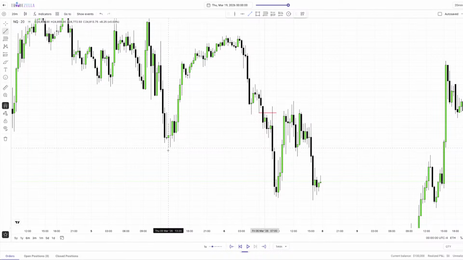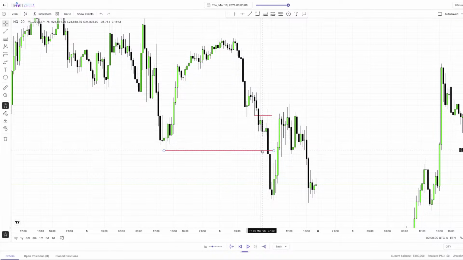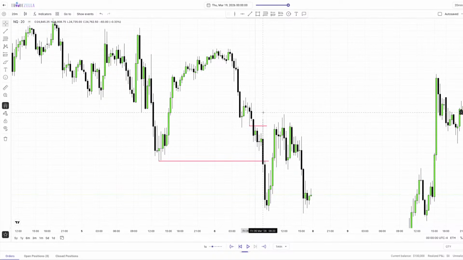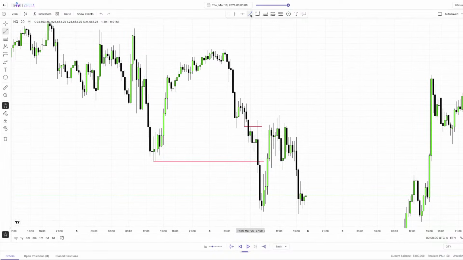Okay. This is an IPTA low. We will draw it out, despite the fact that we only displaced it after 7 a.m. I'm going to explain to you why in a second.